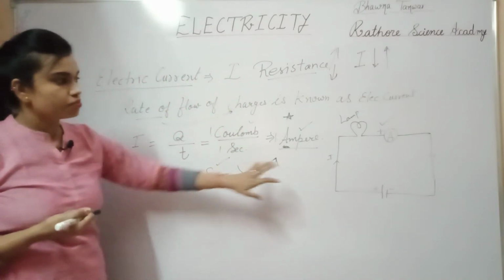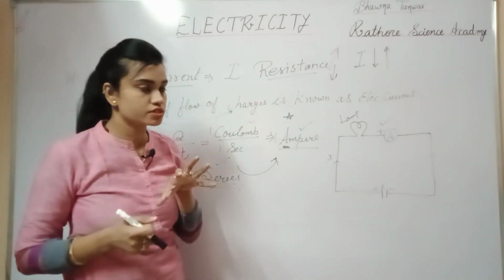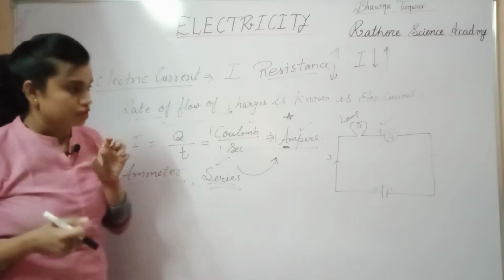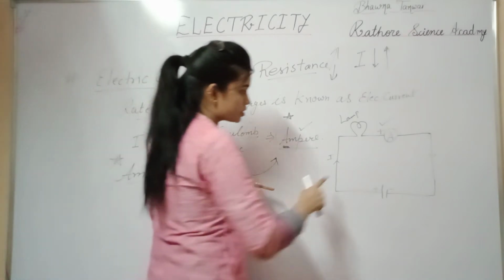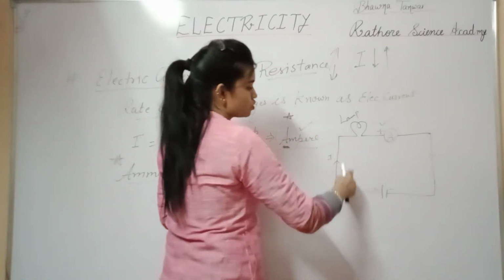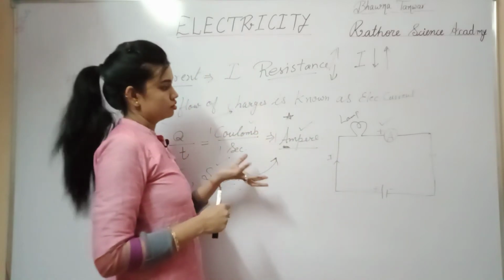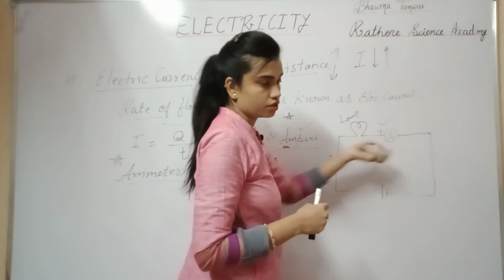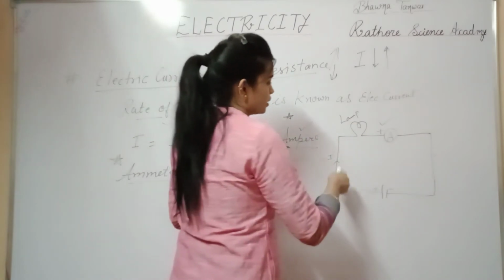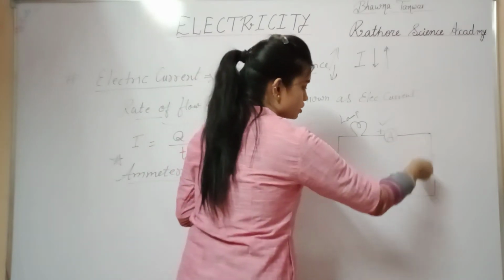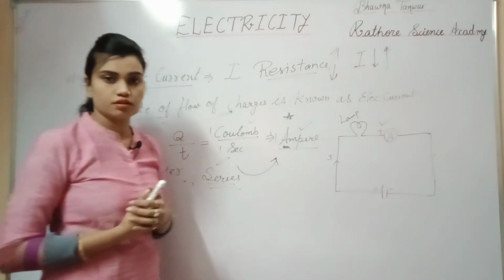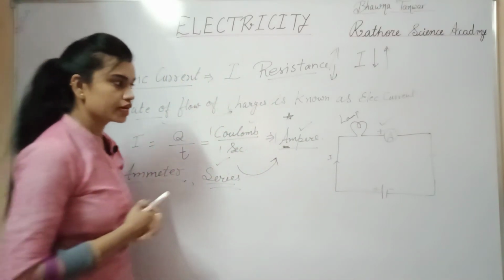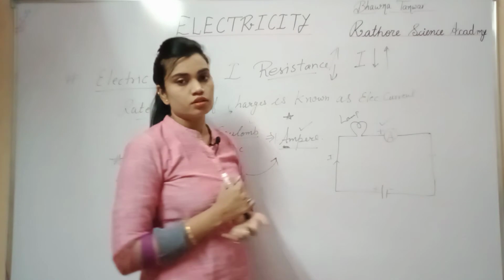So the ammeter has very low resistance, and that's why it is connected in series, to get the total current passing through it, or you can say the right quantity of current passes through the ammeter to measure it. Why is it not connected in parallel in the circuit?